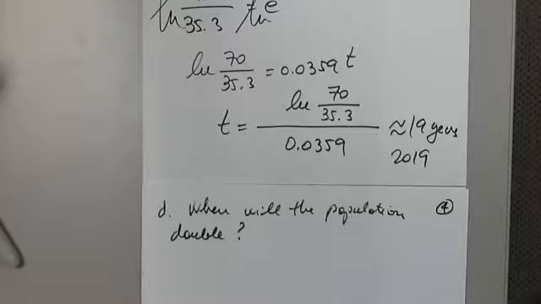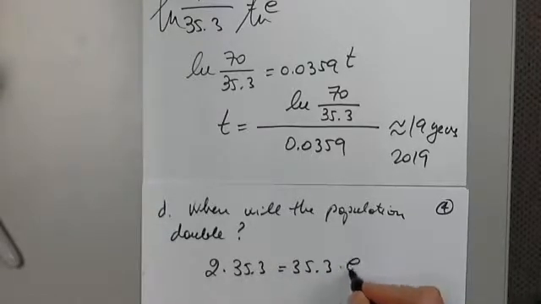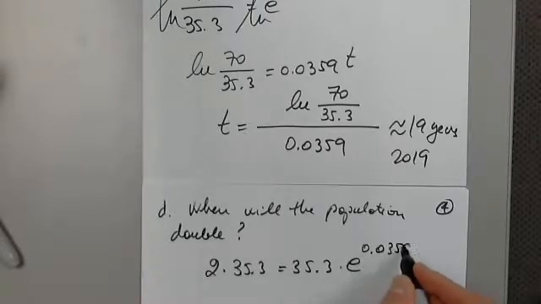Any suggestions? How do I solve this? So we are saying 2 times 35.3 equals 35.3 times e to 0.0359 t.